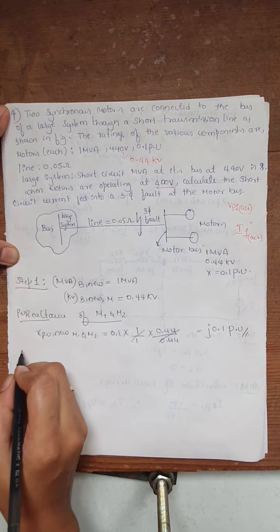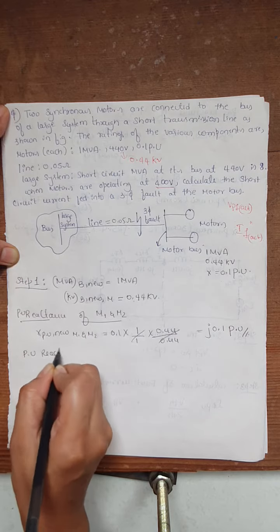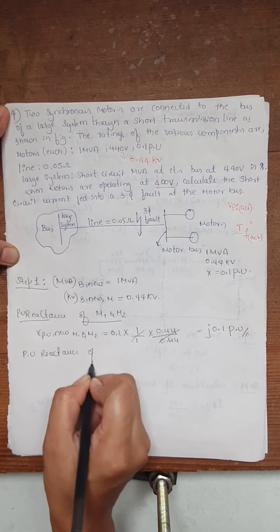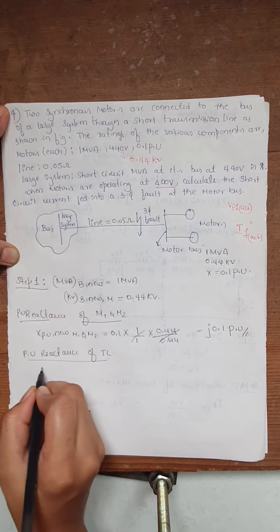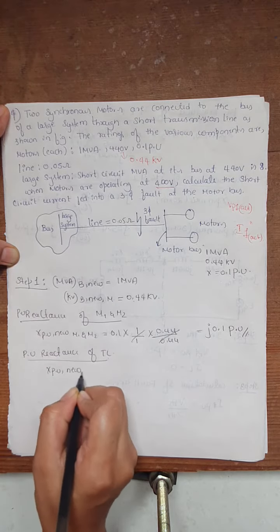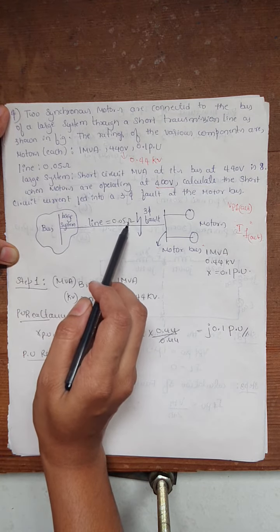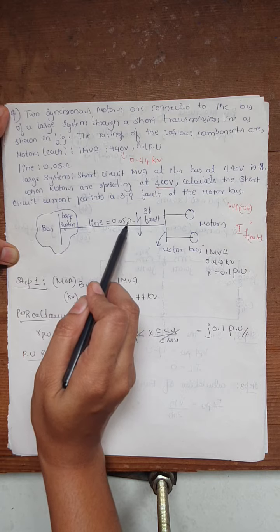Similarly, we'll do it for the transmission line. We have one transmission line. The per unit reactance of the transmission line: observe here that the transmission line value is given in ohm, so convert this ohmic value into per unit.